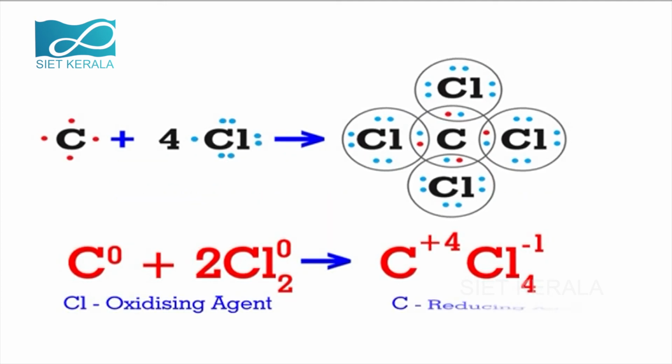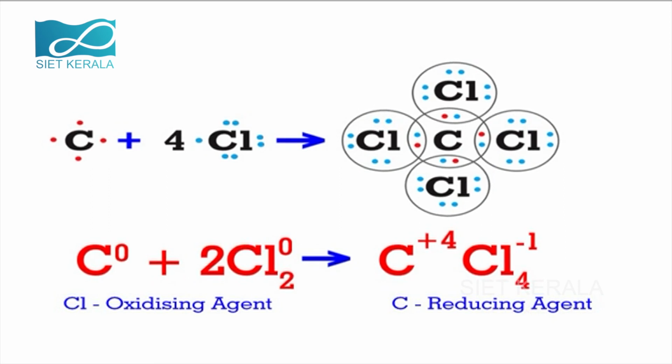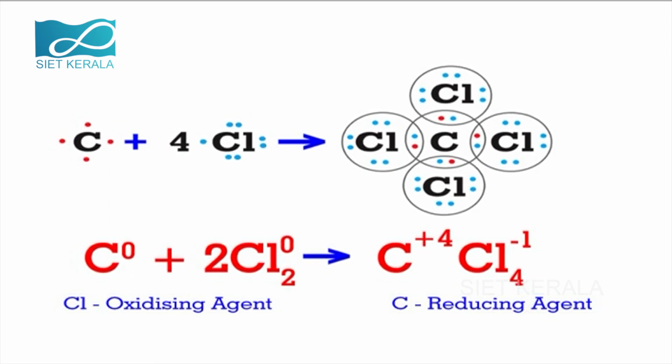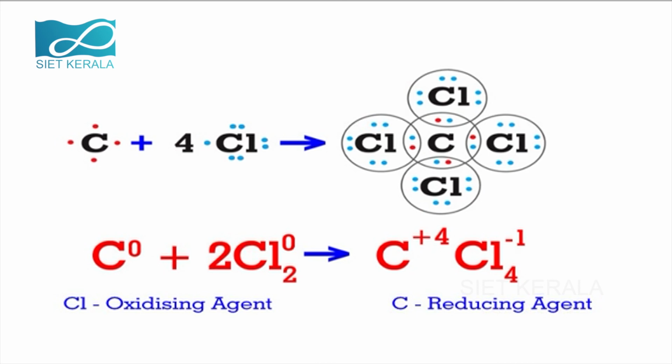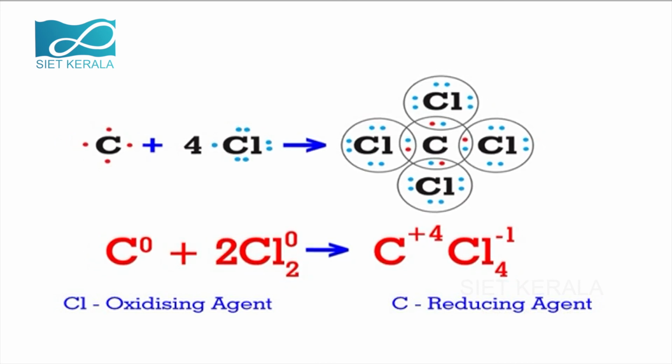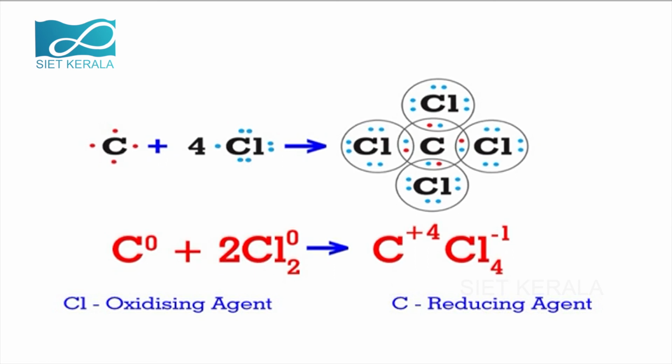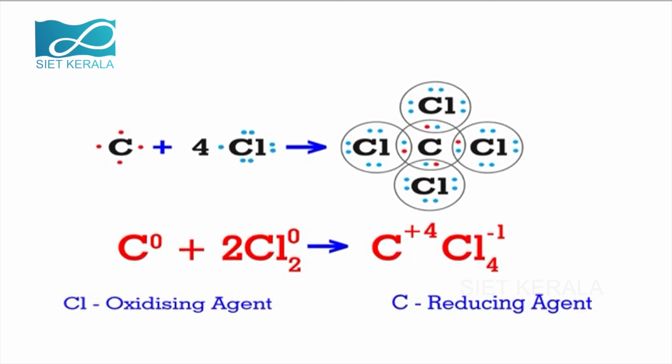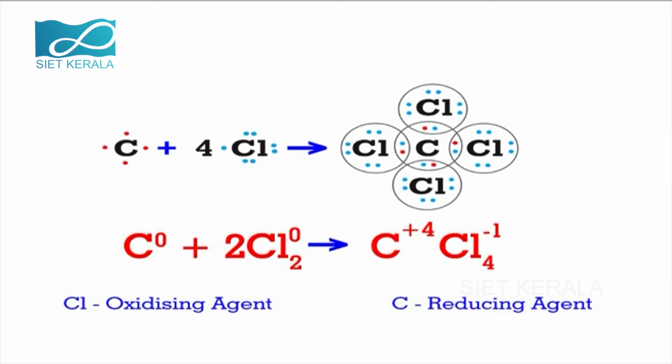See the reaction of carbon and chlorine. Here, chlorine is the oxidizing agent, and carbon is the reducing agent, because the oxidation number of chlorine decreases from 0 to -1, and the oxidation number of carbon increases from 0 to +4.